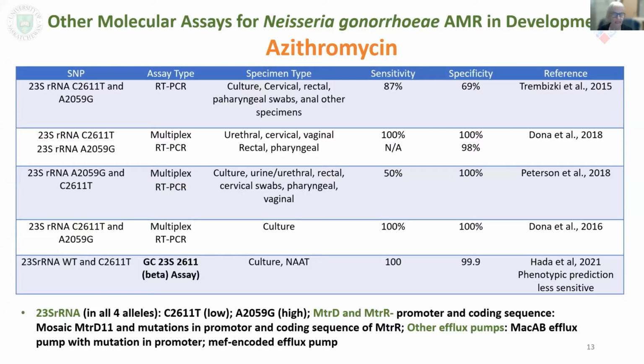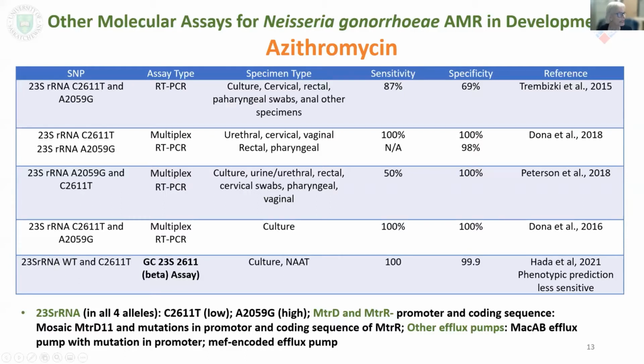What is the status of resistance with azithromycin? There are fewer RT-PCR assays developed for resistance. Basically, mutations in 2 genes are critical for ascertaining the development of resistance to azithromycin. These are 2 SNPs in the 23S ribosomal RNA.